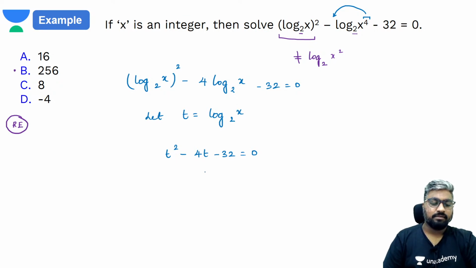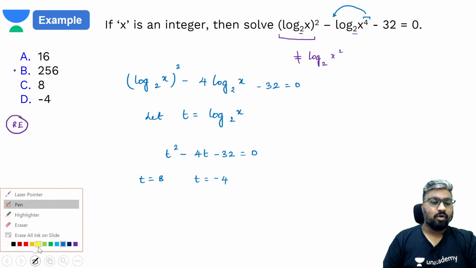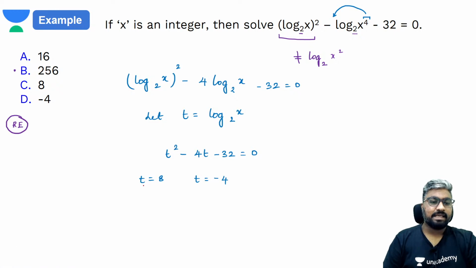Possible values of t: t could be either equal to 8 or t could be equal to minus 4, correct? Make sense? So if t is equal to 8, what happens then? We get log x to the base 2 is equal to 8.